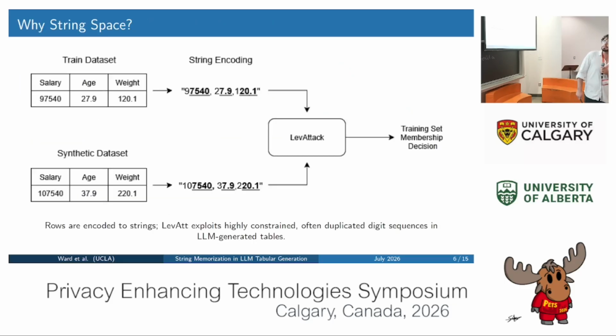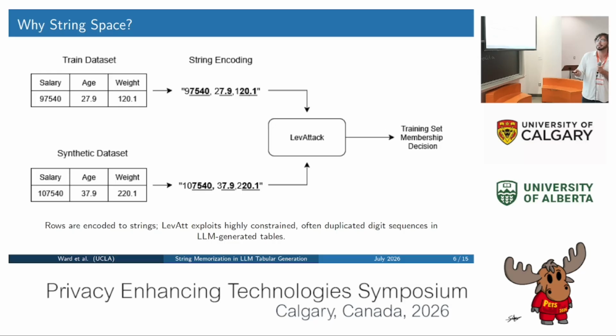To give you some intuition for what's going to happen here, imagine we have this record in our training data set that we wish to attack, and our model has generated this synthetic row. By just looking at the numbers, you can tell this vector is very far away in the Cartesian space, or from a Euclidean distance perspective, from the synthetic record.